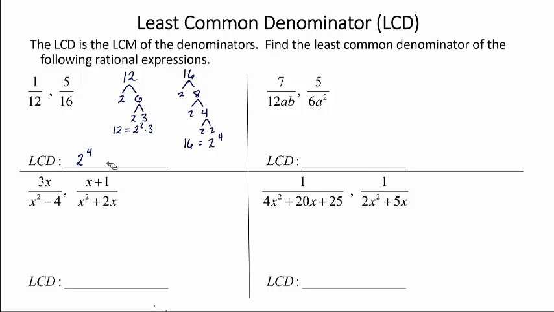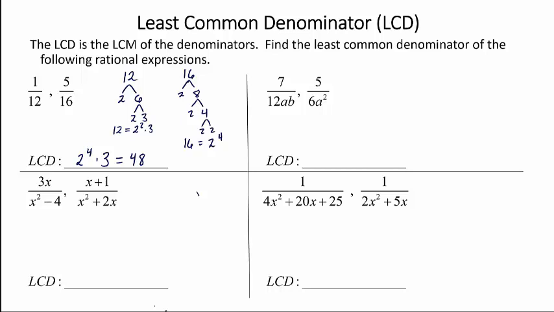So 2 to the 4th times 3. 2 to the 4th is 16, so 16 times 3 is 48. 48 is also a multiple of 12. Some of you could look at that and get there in your head; if you just keep adding 16, you get to 48 pretty quickly. But I wanted to go through the factors because as we start working with polynomials, hopefully it'll be easier to see what we're doing.